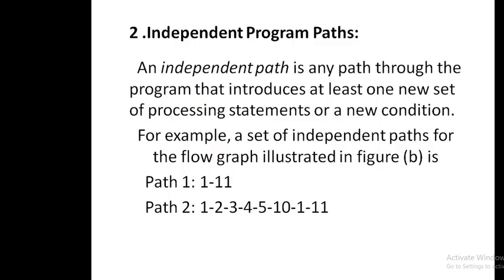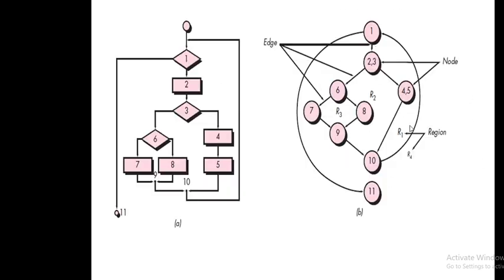Then what is the second point? The second point is independent program paths. What is meant by an independent program path? An independent program path is any path through the program that introduces at least one new set of processing statements or a new condition. For example, based on our flow graph, we select a path.